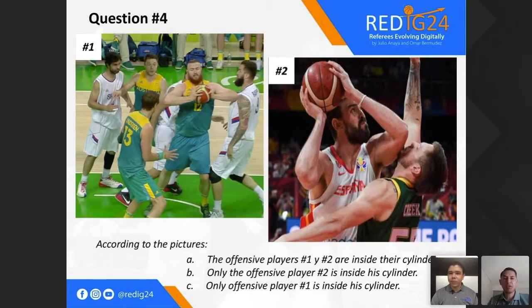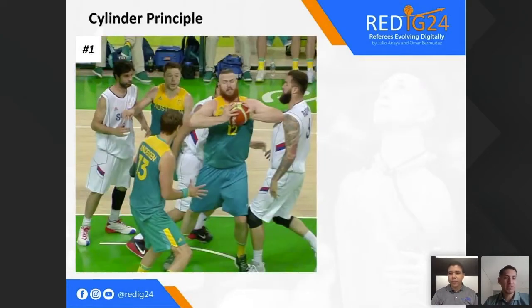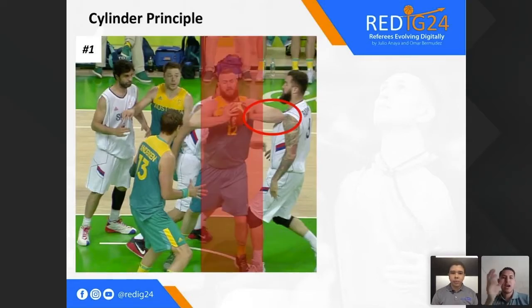Okay, so based on picture number one, we have an example of the green number 12 player with contact in the elbow. The question is, who is responsible for this contact? Looking at this image in detail, you'll see a red cylinder that explains the rights of the offensive player.